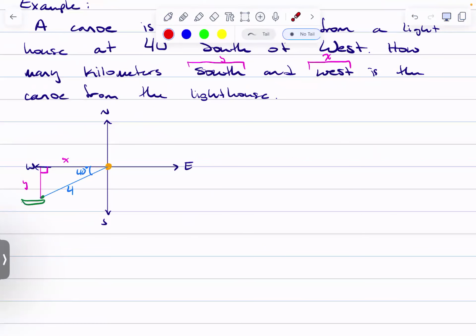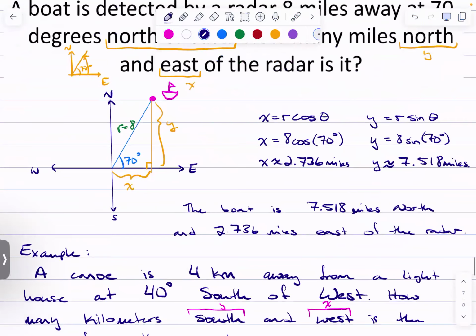That's totally fine. Or if you just want to stick with SOHCAHTOA, that's fine too. If we want to solve for x, that's the adjacent, so the cosine of 40 is going to be the adjacent over 4, which of course would get you to this same spot.